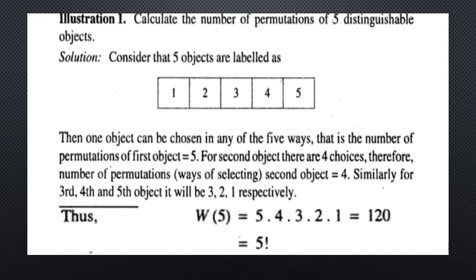Thus, the permutation will be 5 into 4 into 3 into 2 into 1, which is equal to factorial 5, and factorial 5 is equal to 120. So, the answer is 120 permutations of 5 distinguishable objects. The problem is solved.